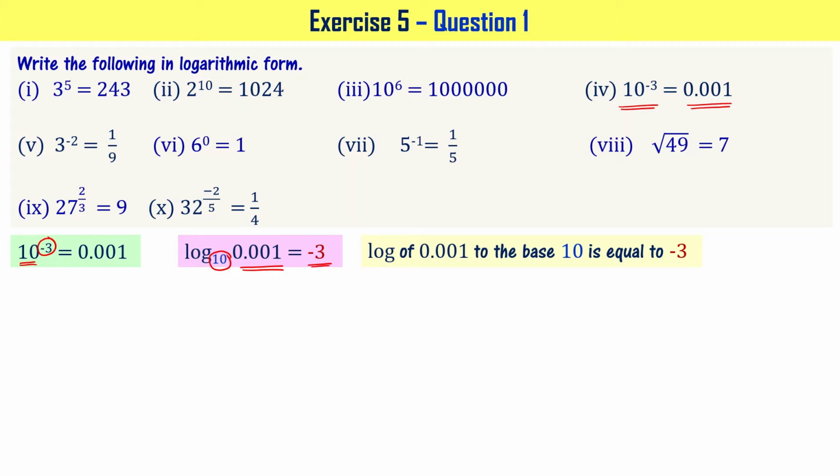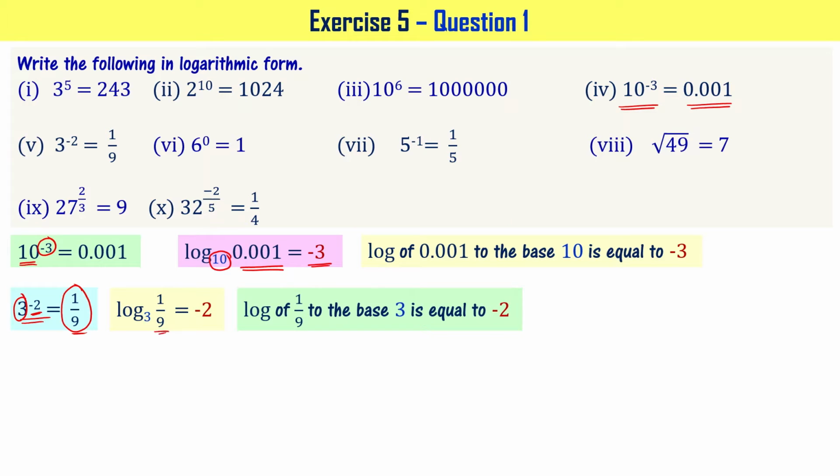Got it? Let's look at the next part of the problem, that is 3 power minus 2 equal to 1 by 9. When you write it in the logarithmic form, log of 1 by 9 to the base 3 equal to minus 2. Let's write that. Log of 1 by 9 to the base 3 equal to minus 2.